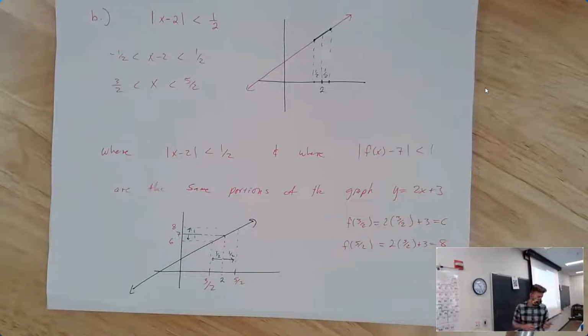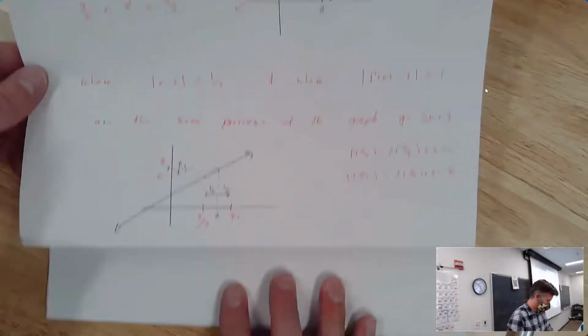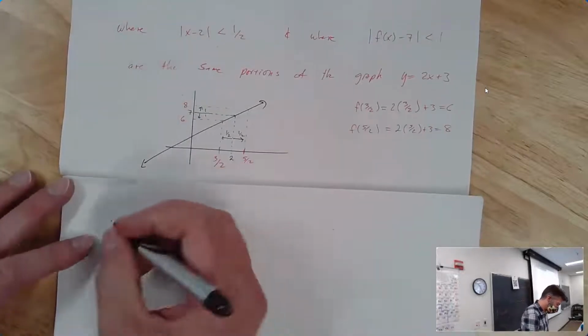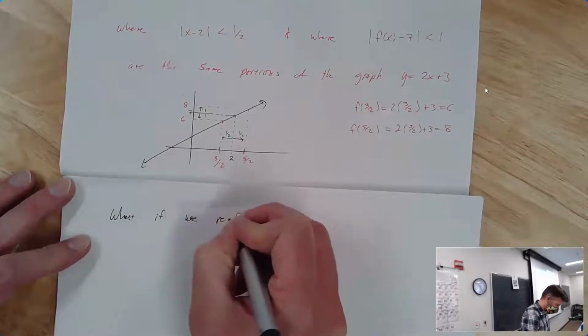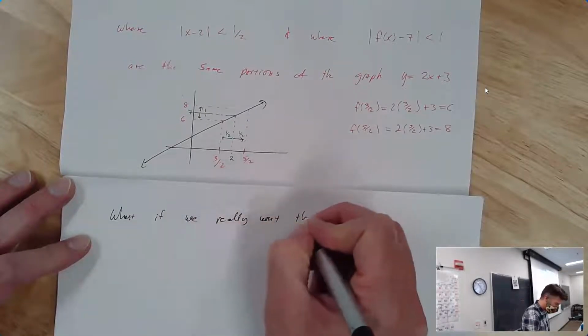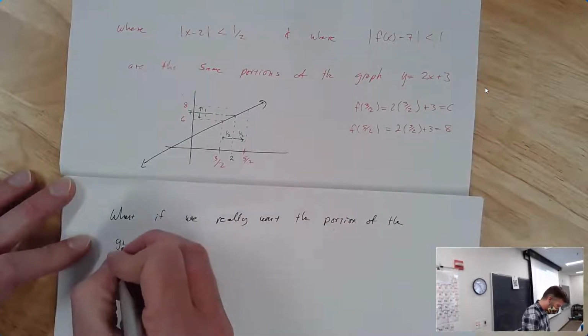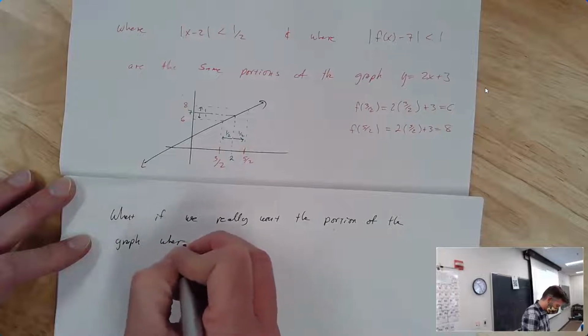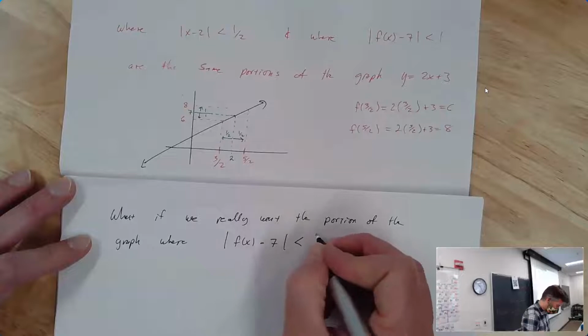But now, what if we want a smaller portion of the graph? Like, what if we would rather have the portion of the graph where we're within 1/10 of 7? So what if we really want the portion of the graph where the absolute value of f of x minus 7 is less than 1/10?